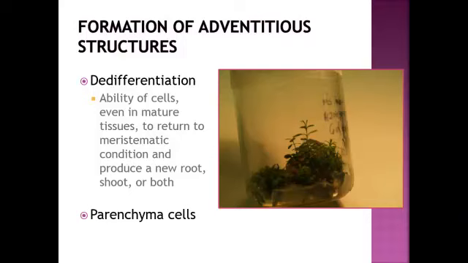What can dedifferentiate very easily are our parenchyma cells, which you'll remember are large, puffy cells with thin cell walls. Those parenchyma cells are never very specialized, so it's very easy for them to dedifferentiate. So most of the time, our adventitious structures like roots and shoots are going to come from these parenchyma cells.